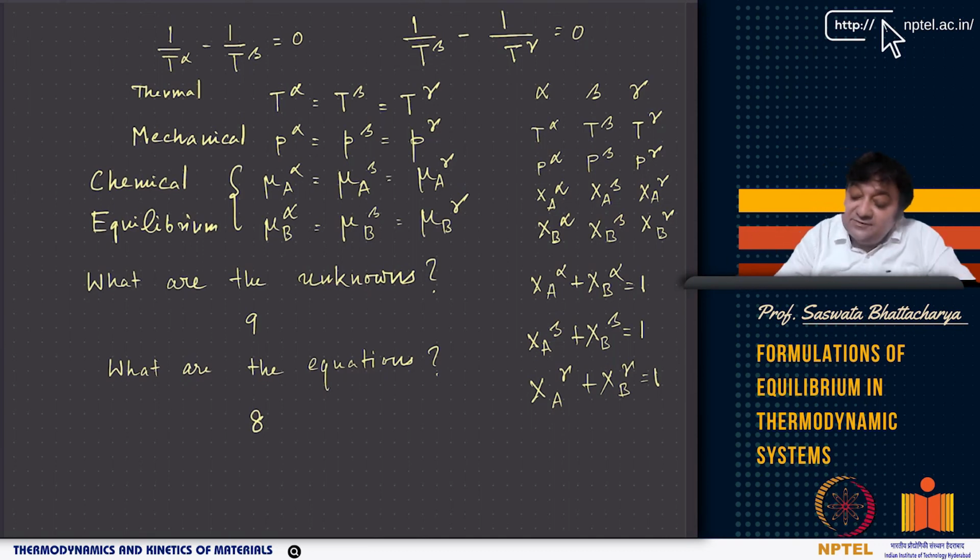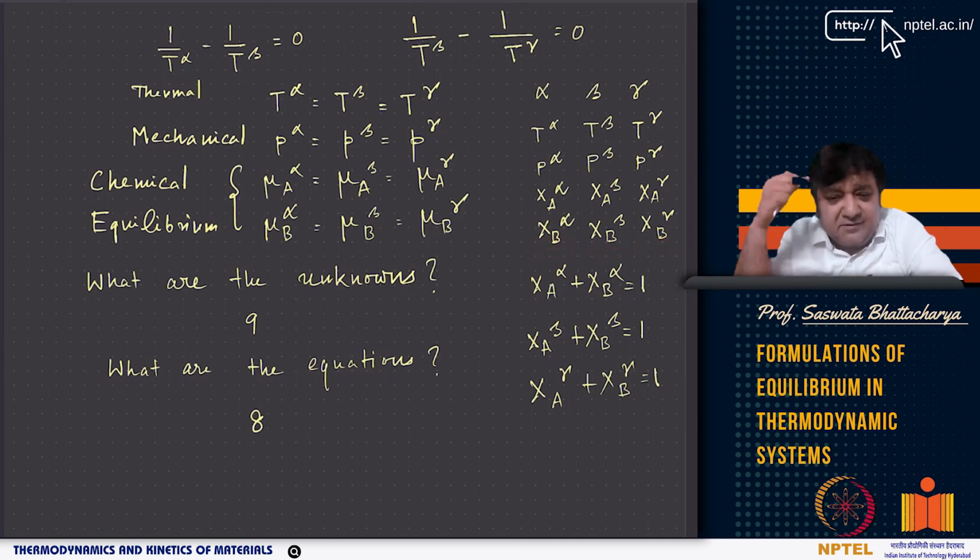So basically you have these unknowns. You want to find XA alpha, XA beta, and XA gamma at equilibrium between these three subsystems. Similarly, you want to find XB alpha, XB beta, and XB gamma.